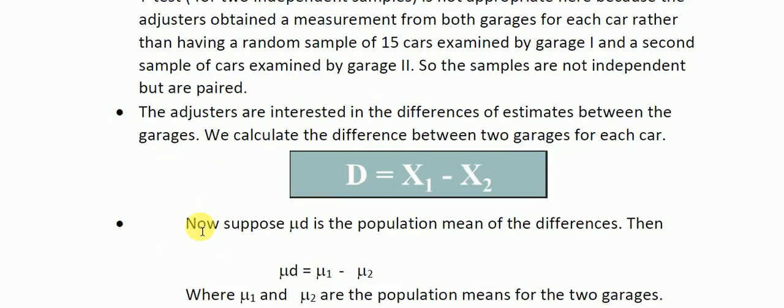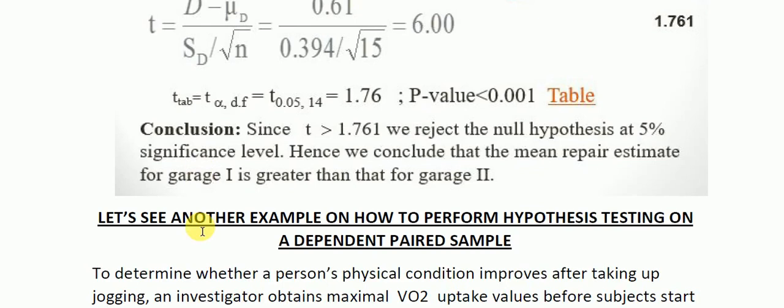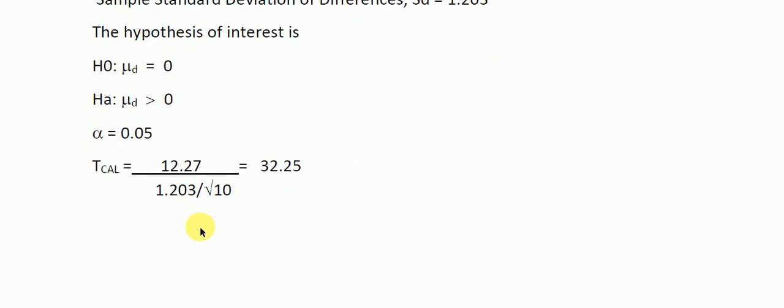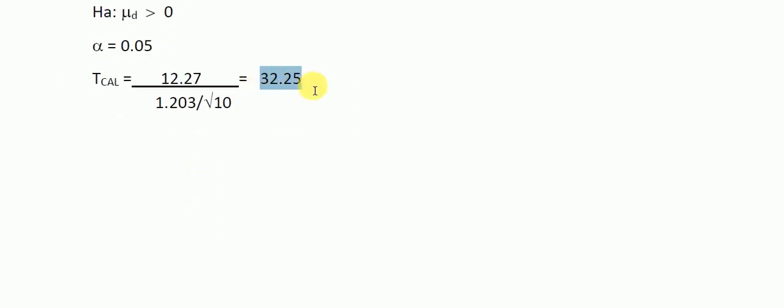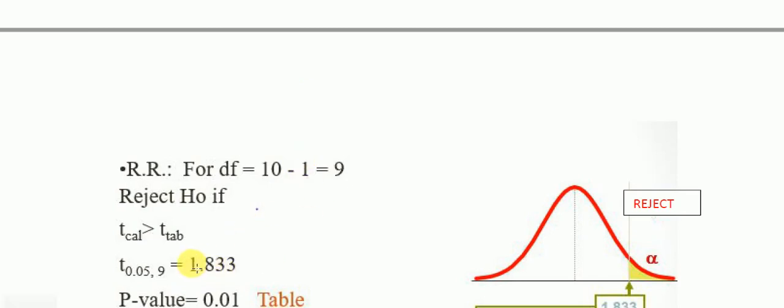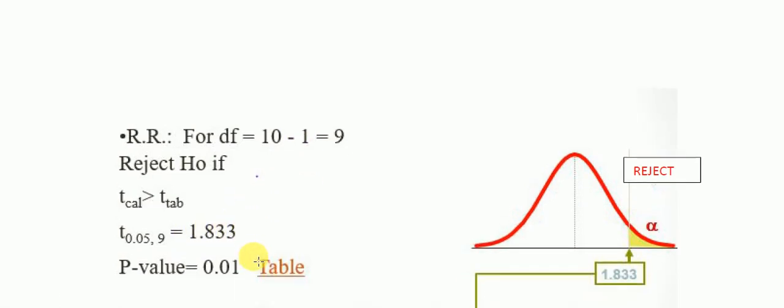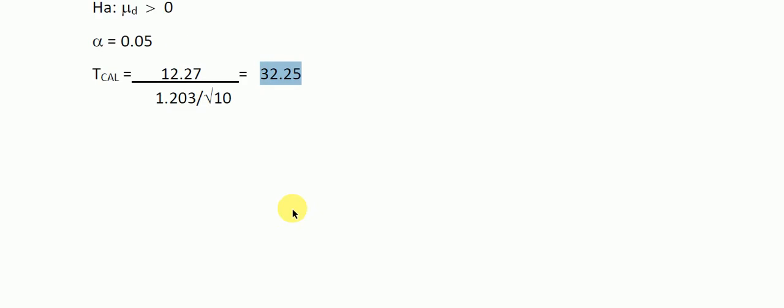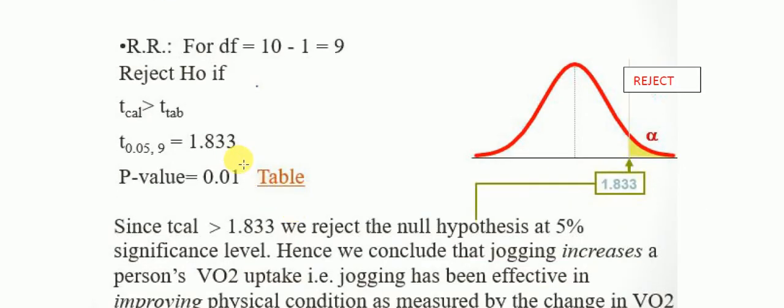So let's go back and see. t calculated is 32.25, t tabulated is 1.833, so obviously t calculated is much greater than t tabulated. Thus we reject the null hypothesis. Since t calculated is greater than 1.833, we reject the null hypothesis at 5% significance level.